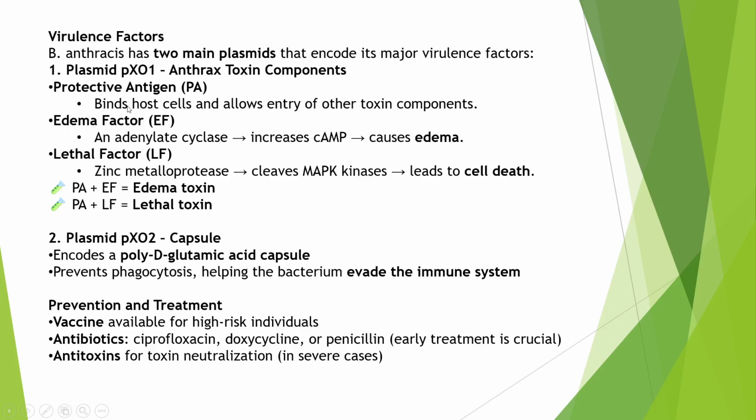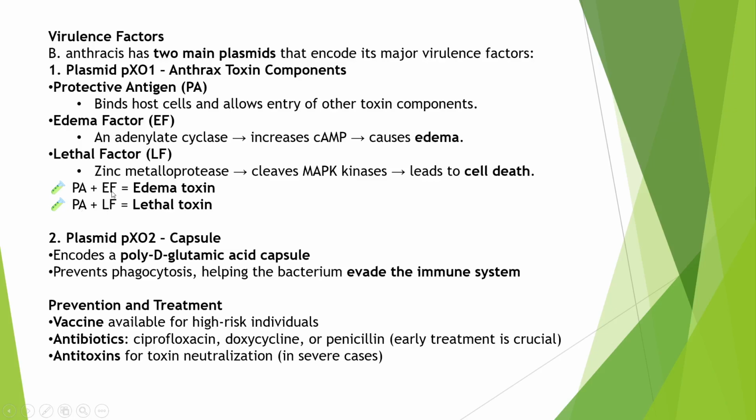So protective antigen binds to host cells and allows entry of other toxin components. Edema factor is an adenylate cyclase, it increases cAMP and causes edema. Then lethal factor is a zinc metalloprotease. It cleaves the MAPK kinases, the MAPK pathway is disrupted, and it leads to cell death.